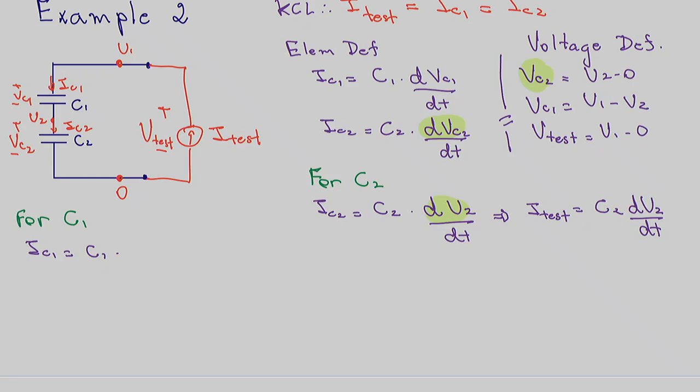So right here, we have that VC1 is U1 minus U2. So instead of writing dVC1 in the current equation, we can write d(U1 minus U2) dt. All good? Following? Happy? Yeah?